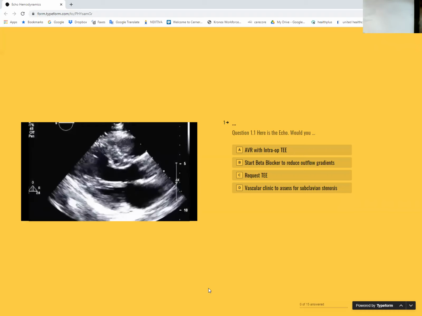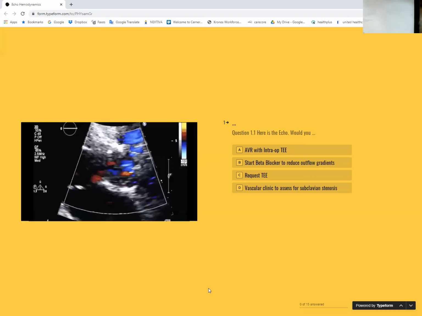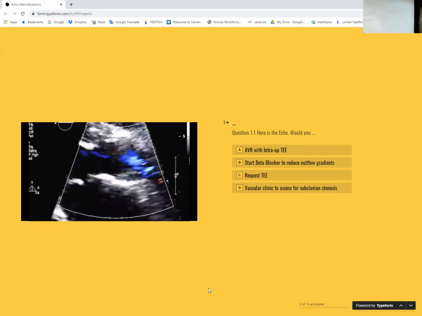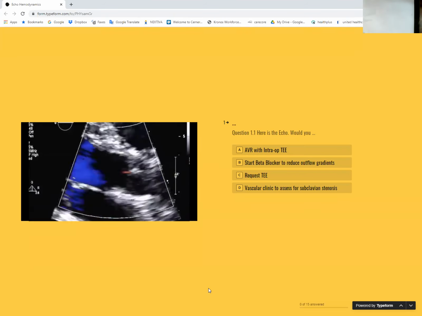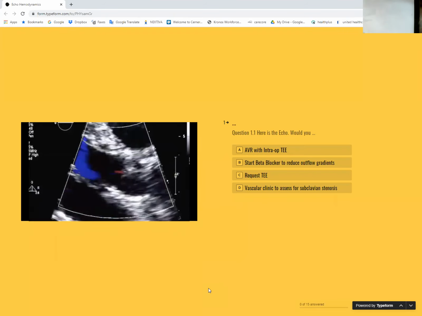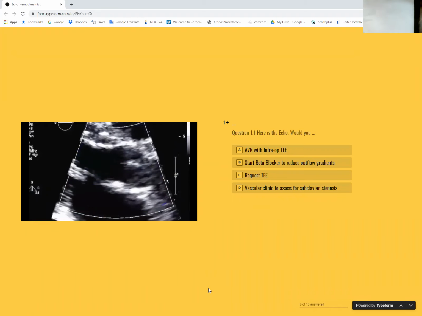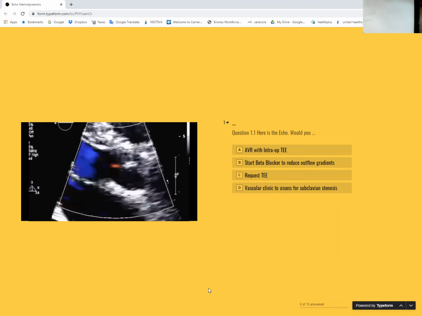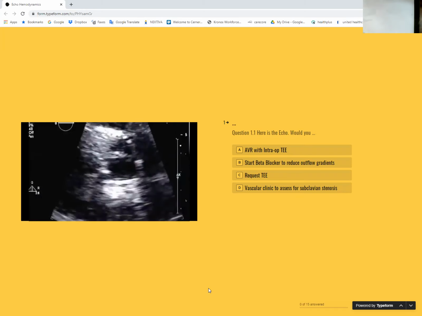So wall motion looks okay. I want you guys to notice that there's no turbulence at the LVOT. There's no color. There's a little bit of AI, but essentially colorless in systole.